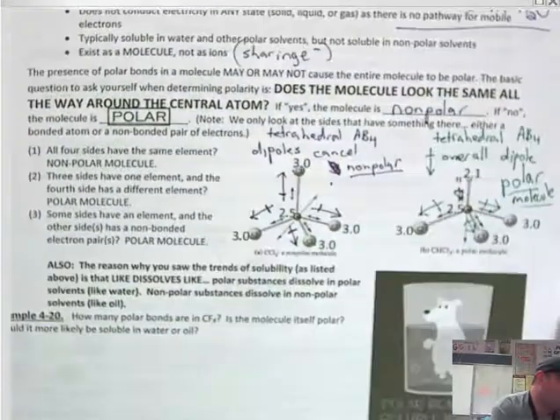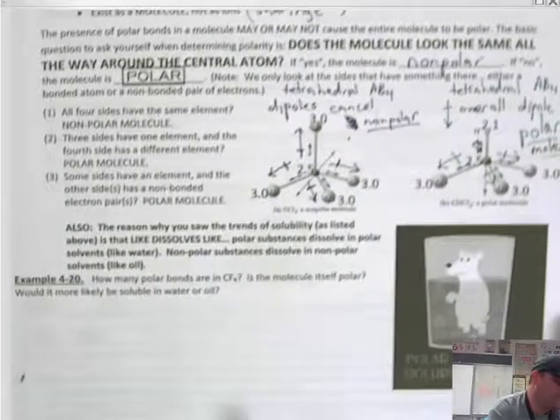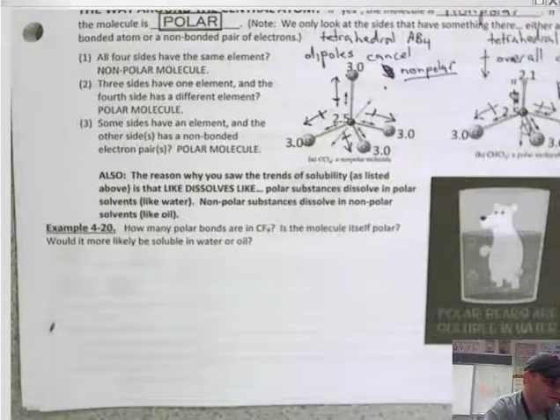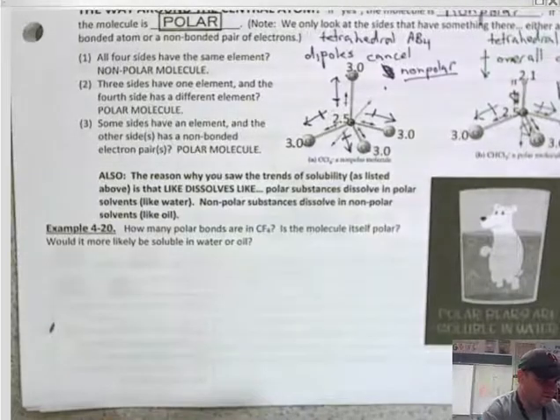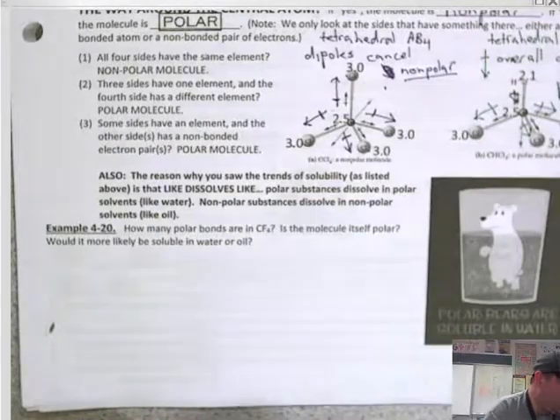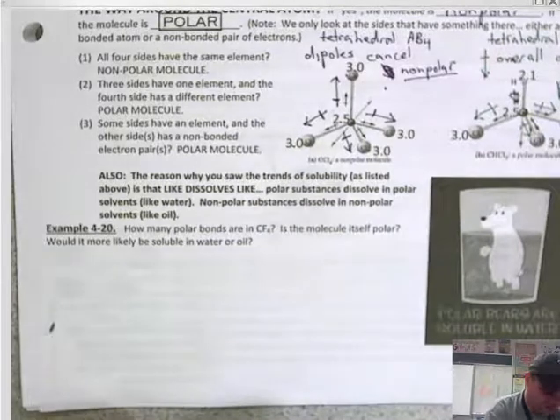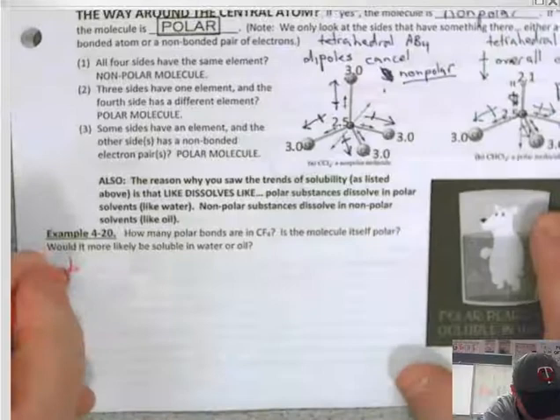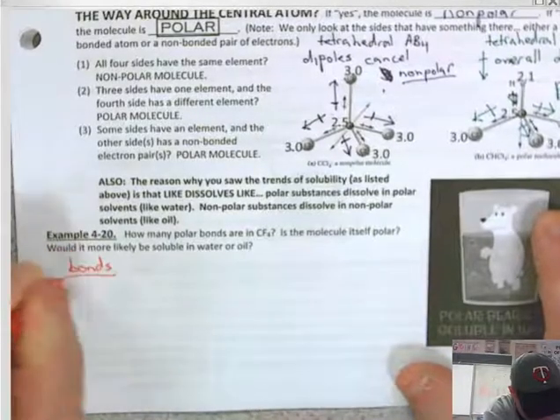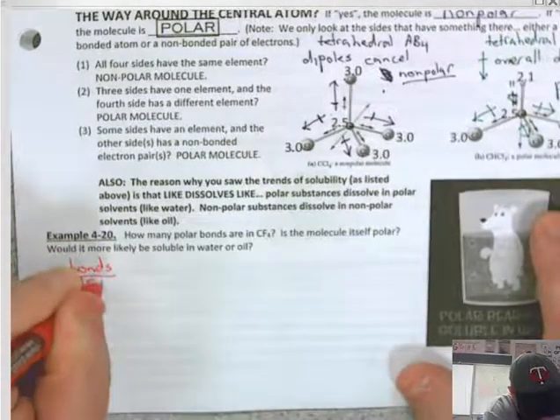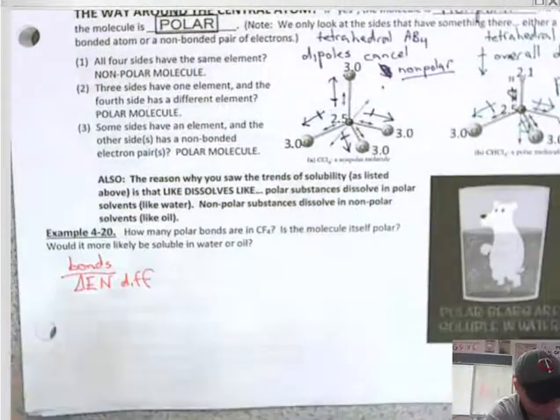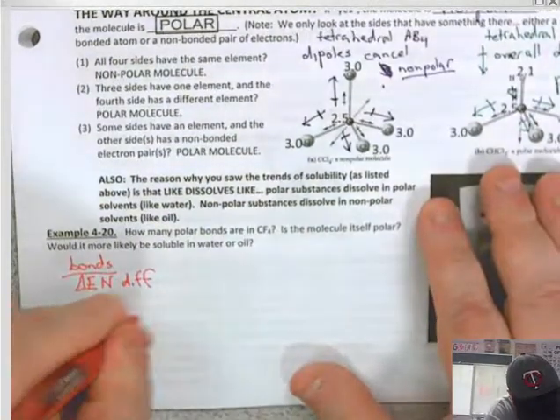Okay, we went over the likes and dislikes. Let's go over some examples and see if we can figure out what's going on. How many polar bonds are in CF4? Is the molecule itself polar? Would it most likely be soluble in water and oil? The first thing we're going to do is the bonds. To do the bonds, you have to find the electronegativity difference between carbon and fluorine.